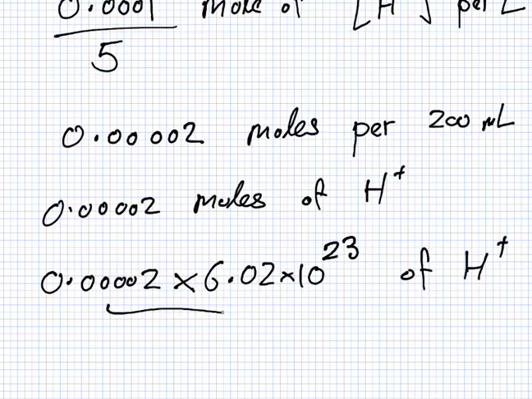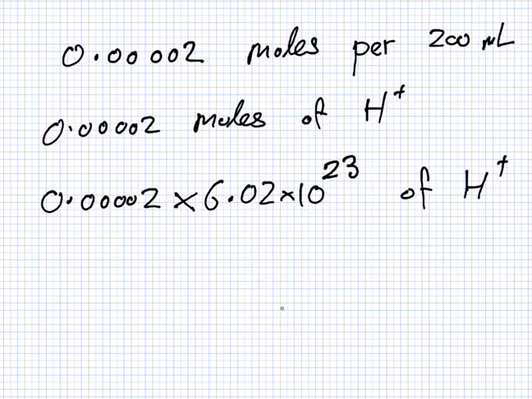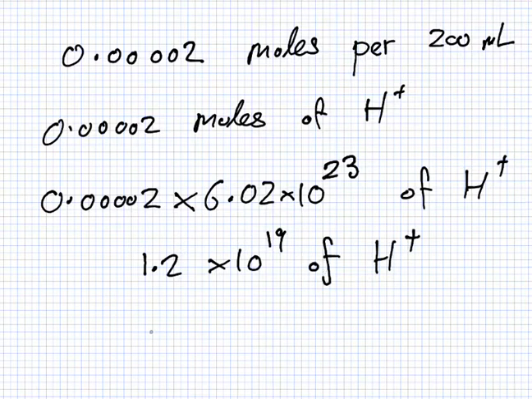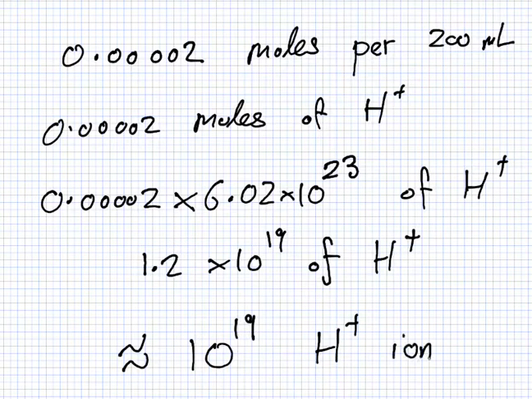Can you type this in? What do we get? 1.2 times 10 to the power of 19. So in other words, we have roughly 10 to the 19 H positive ions. What's H positive? That's just one hydrogen with no electron.